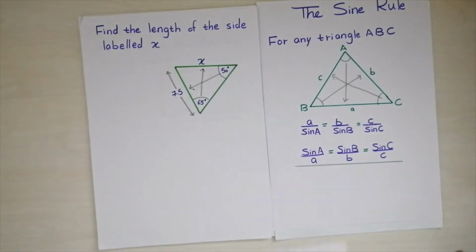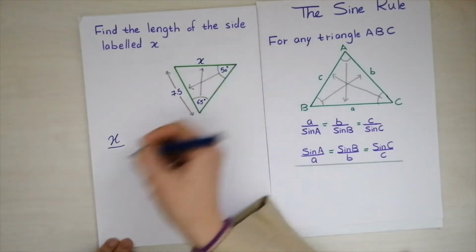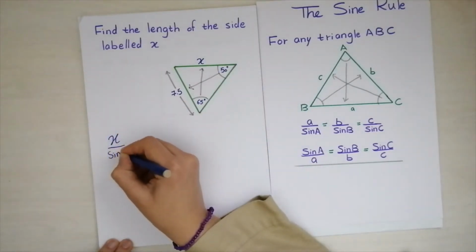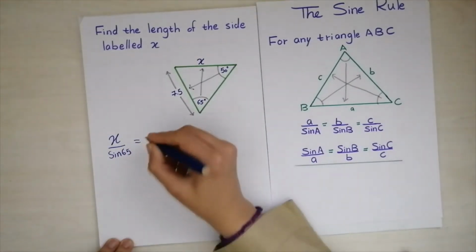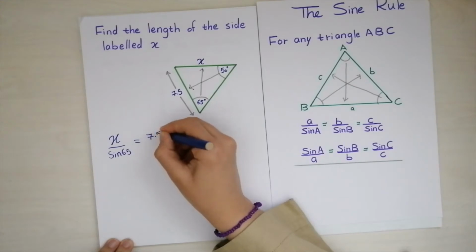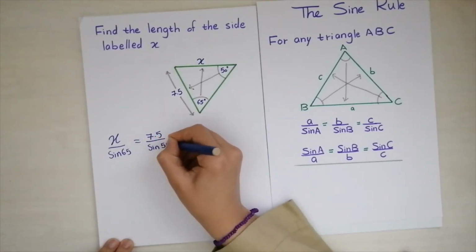So x over sine 65 is equal to 7.5 over sine 50.